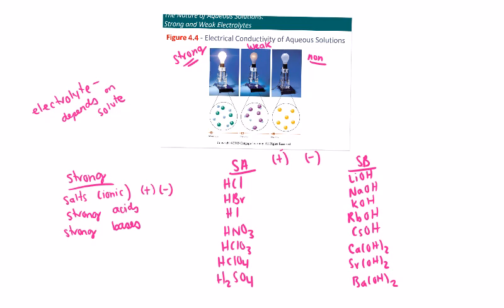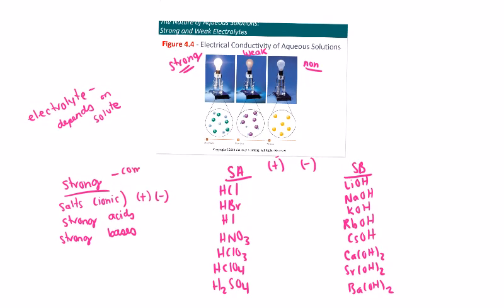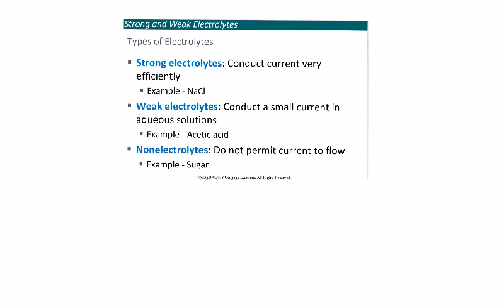So strong electrolytes completely dissociate. And remember, we talked about what dissociating means back in section 4.1. Okay, so strong electrolytes conduct current very efficiently, or they completely dissociate.